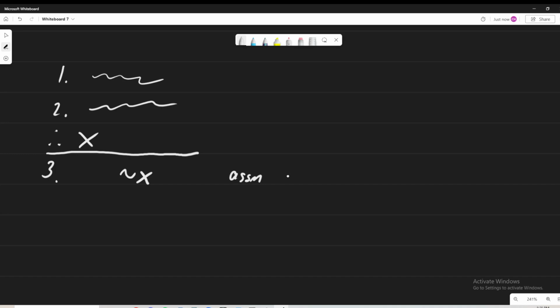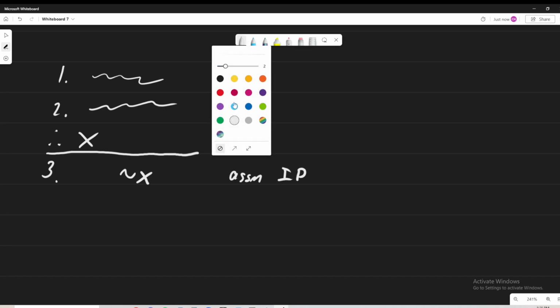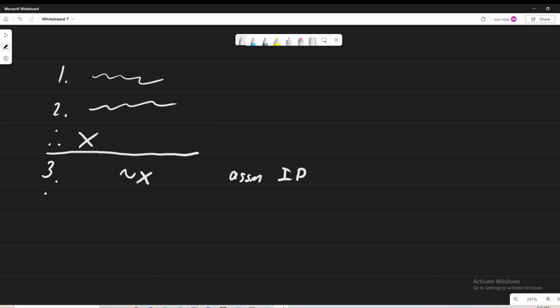You don't have a line number, but you have to say what kind of proof you're assuming it for. So we'll just write IP. So we're going to start off with not X.